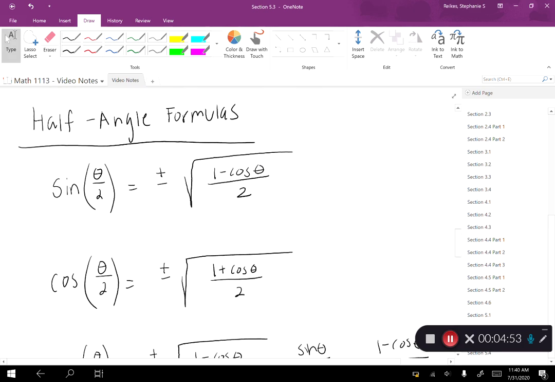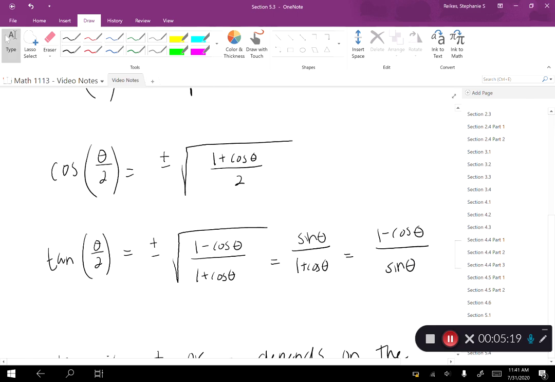Next, we have the half angle formulas. That is sine theta over 2 is equal to plus minus big square root 1 minus cosine theta over 2. Cosine theta over 2 is equal to plus minus big square root 1 plus cosine theta over 2.